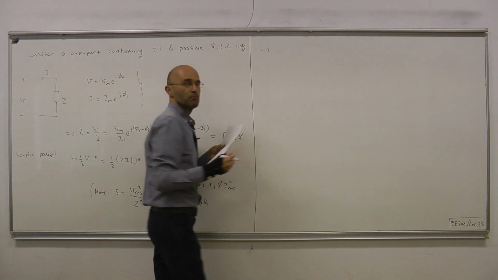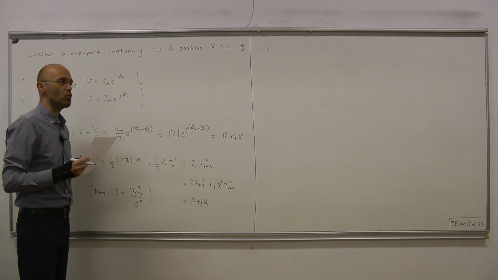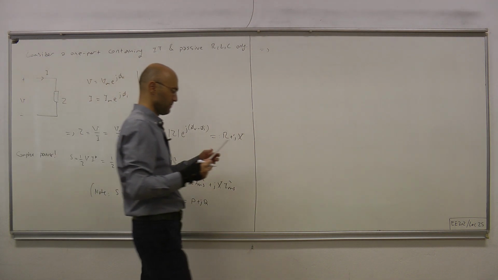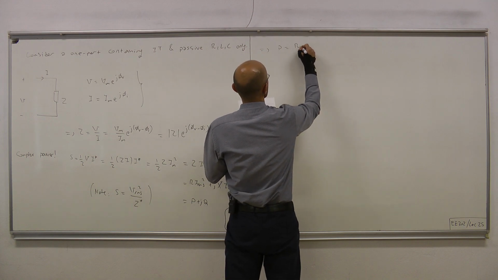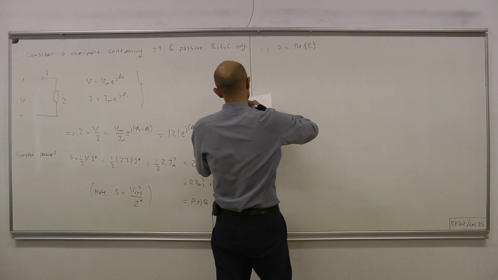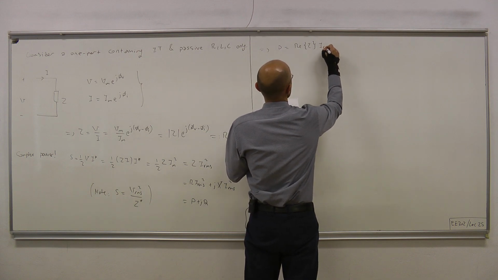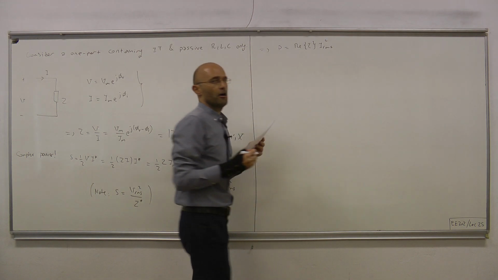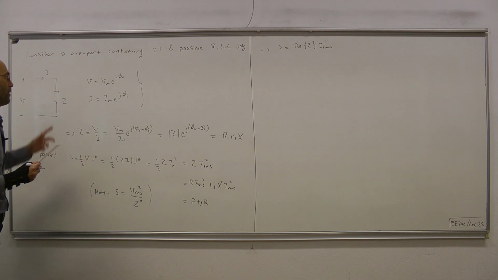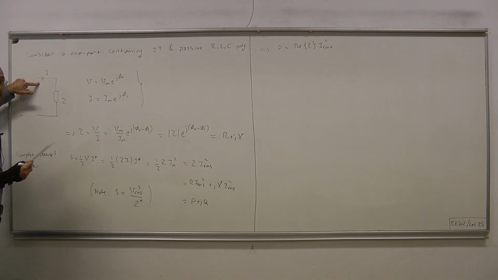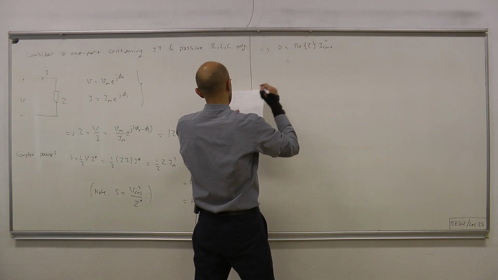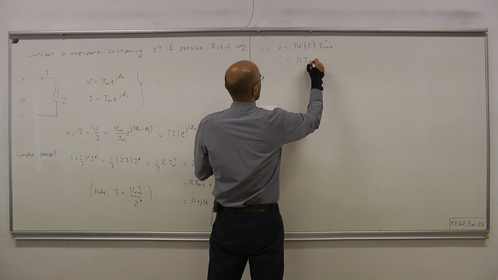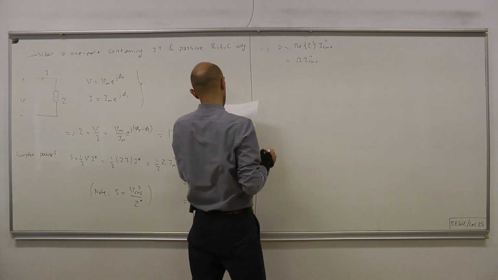So this is the simple relation between S, P, Q and Z, R, X. P is the real part of Z times I RMS squared. I RMS is the effective value of the current passing through our load or one port, and that equals R times I RMS squared.